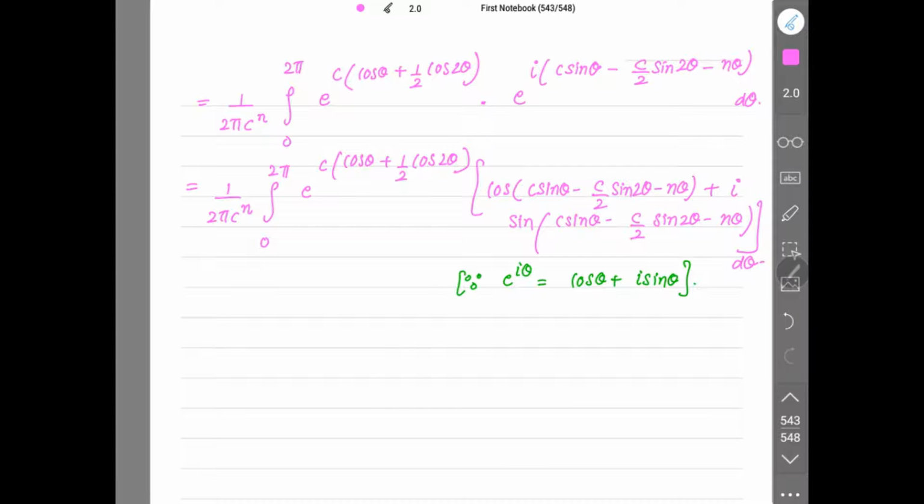Now in the next step, just separate this integral. Take the integral with the real part and the integral with the imaginary part.